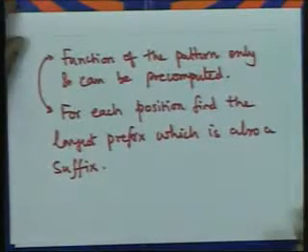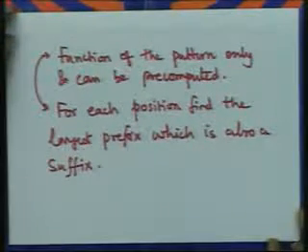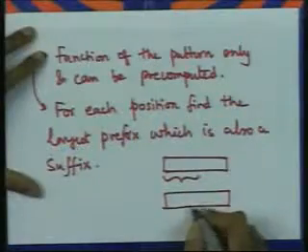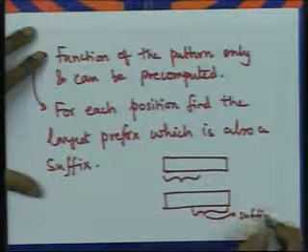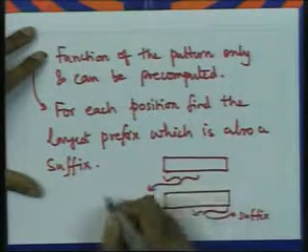Oh, I have actually not defined prefixes and suffixes. I hope you know what it is. So given a string, a prefix is all the initial portions, the first i positions is a prefix, and a suffix is just the last portion. This is a suffix, and this is a prefix.